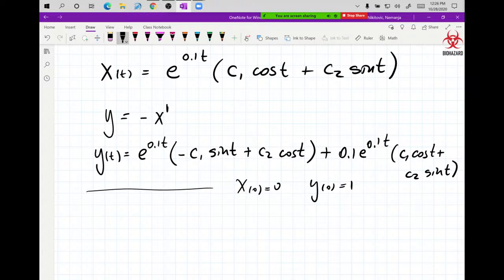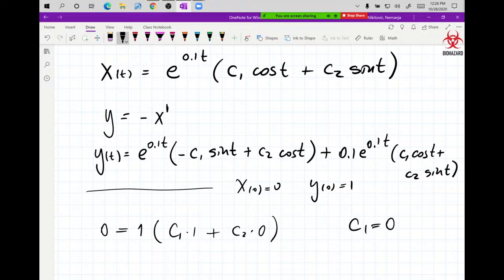So x of 0 is 0. e to the 0 is 1. C1 times cosine of 0 is 1, plus C2 times sine of 0 is 0. So from the first one, we calculate that.